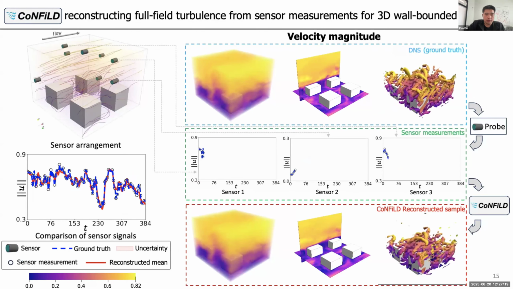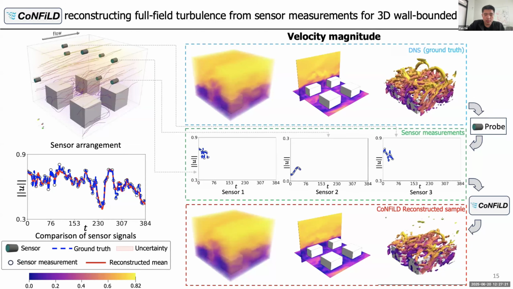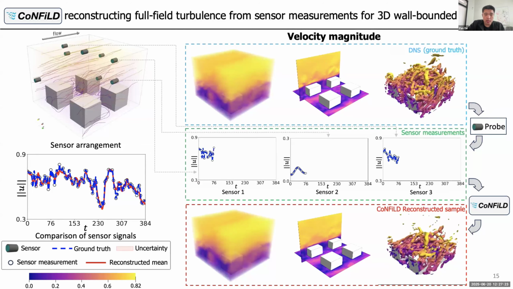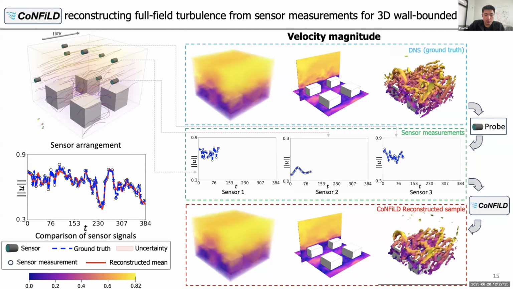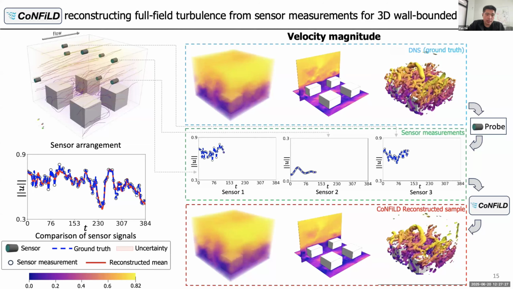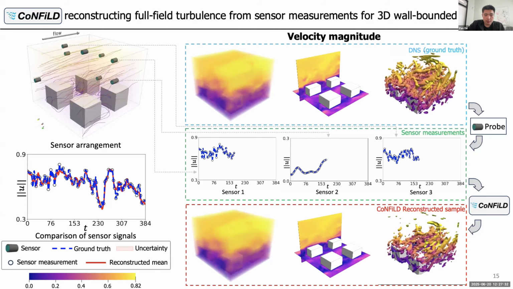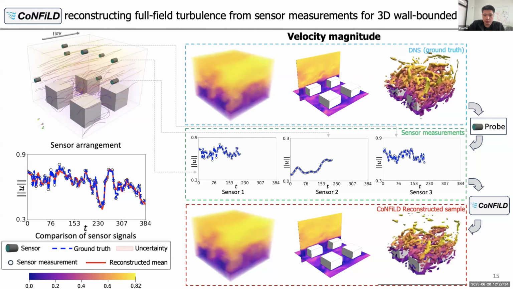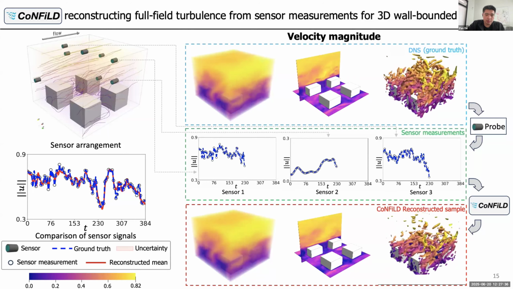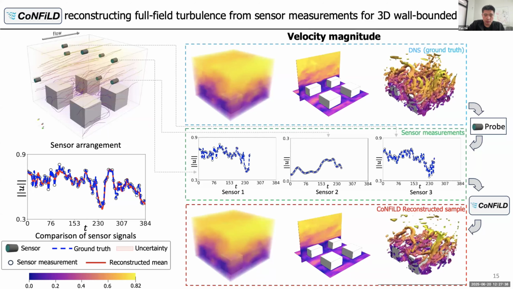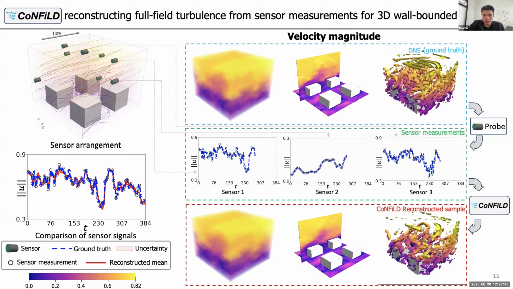And we also show that CoNFiLD can do such conditional generation for large-scale wall-bounded turbulence as well. So again, we place a couple of sensors in the flow field. We take the measurements, and those measurements can be used to reconstruct the whole spatial-temporal flow field using this conditional generation approach.